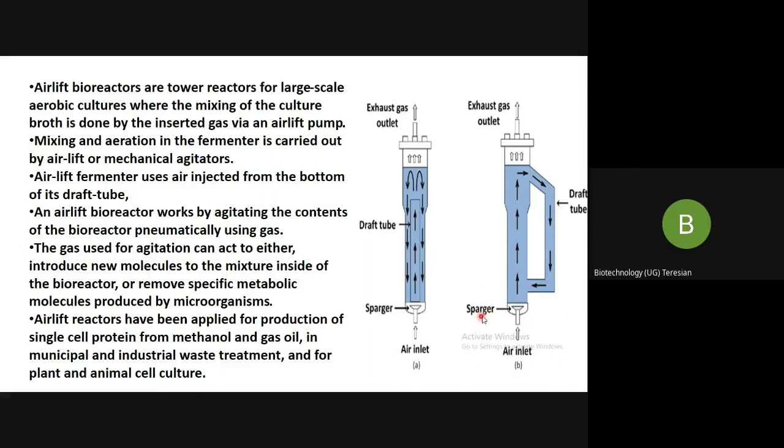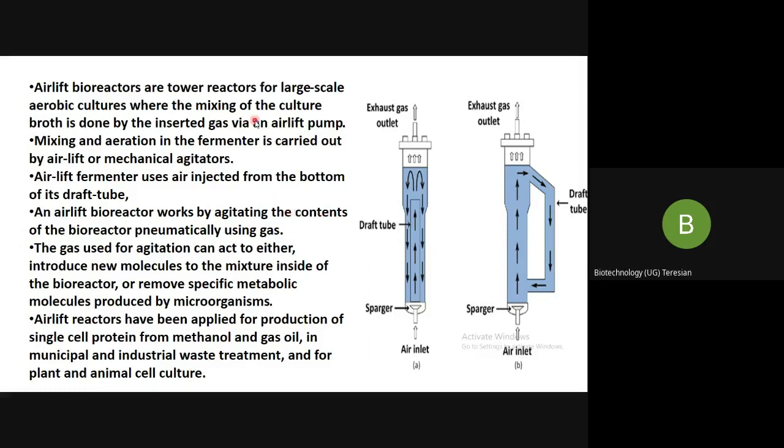From here, through the sparger, the air enters, and look at the circulation of your liquid. Liquid means even your media, your microbes, everything undergoes the circulation like this. It comes to the external tube and this continues.